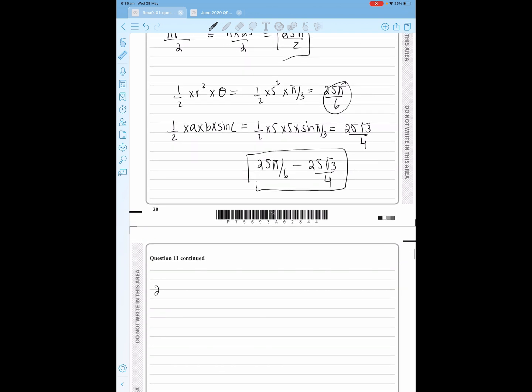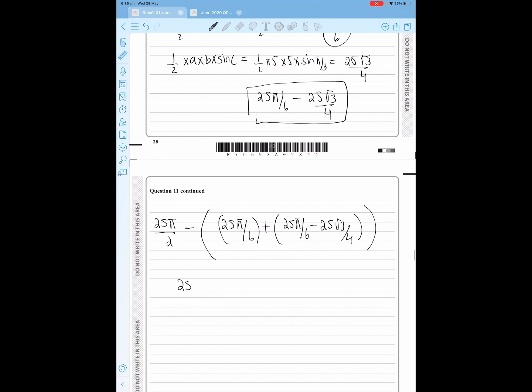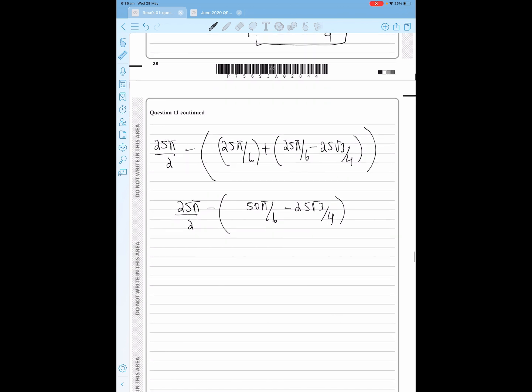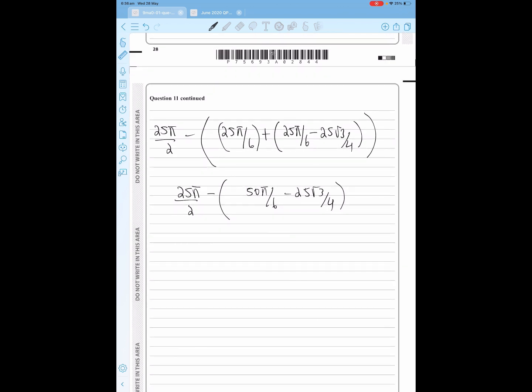So let's do it: 25 pi over 2 minus 25 pi over 6 plus, this is the small piece, 25 pi over 6 minus 25 root 3 over 4. You have to be careful here because the calculator will not give you exact form and you need it in exact form. So I'm just trying to calculate in my head. Yep, that should be fine.